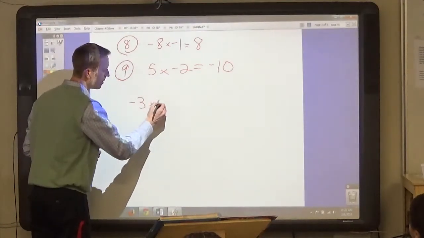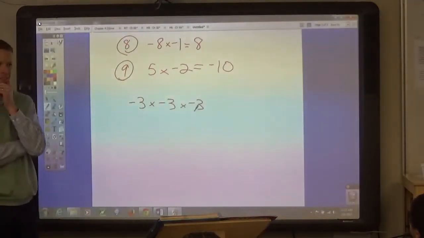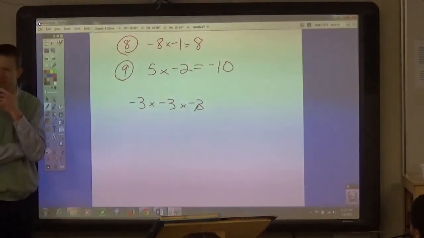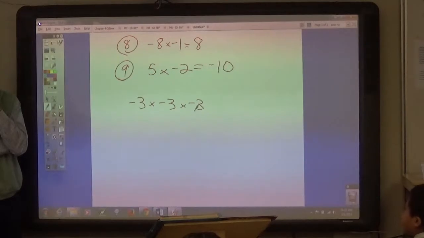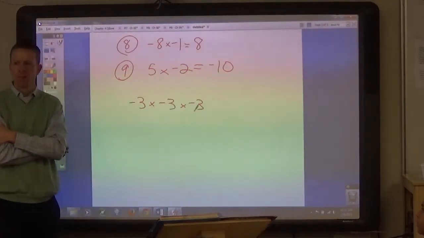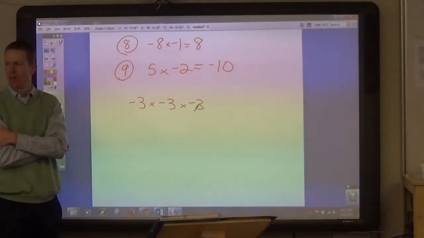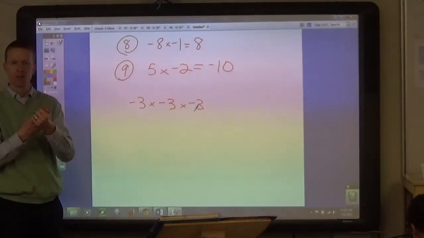Negative 3 times negative 3 times negative 3. What's the answer here? If 2 cancel each other out, there's 1 left.